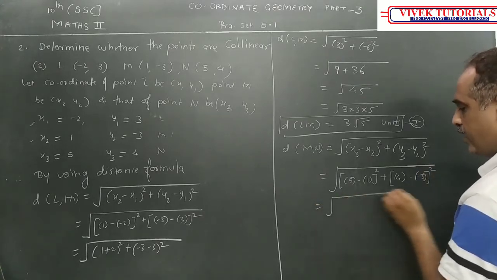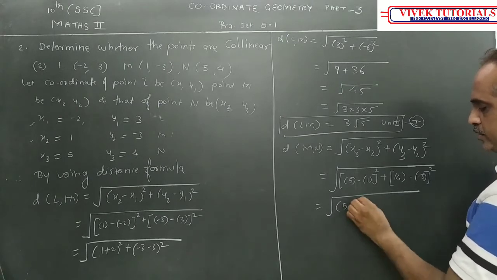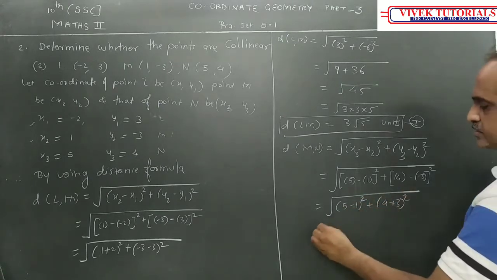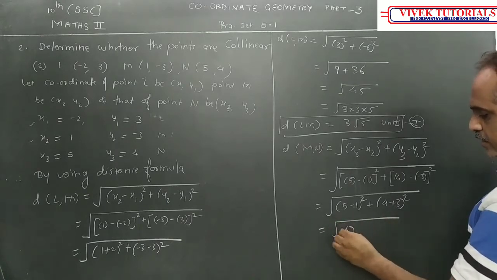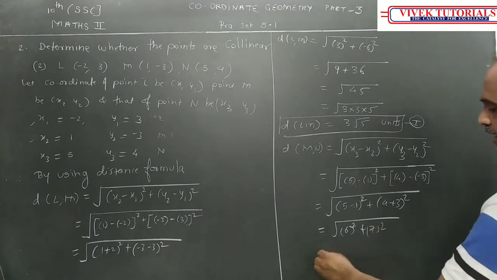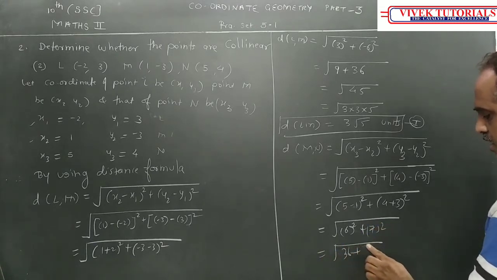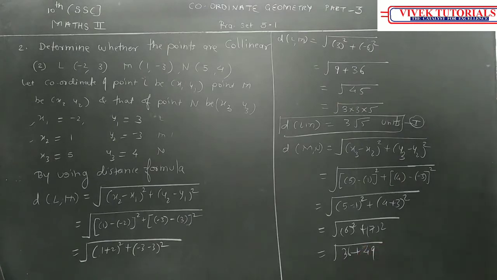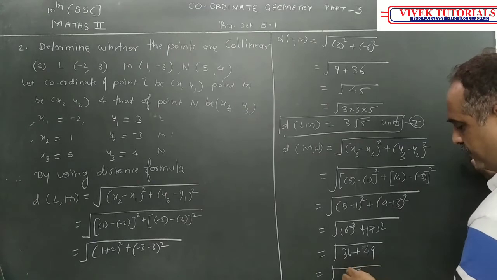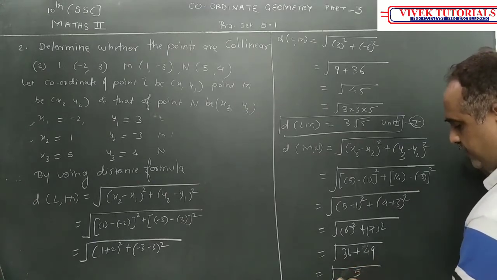That is equal to under root 5 minus 1 the whole square plus 4 plus 3 the whole square, is equal to 6 square plus 7 square. 6 square is 36, 7 square is 49.